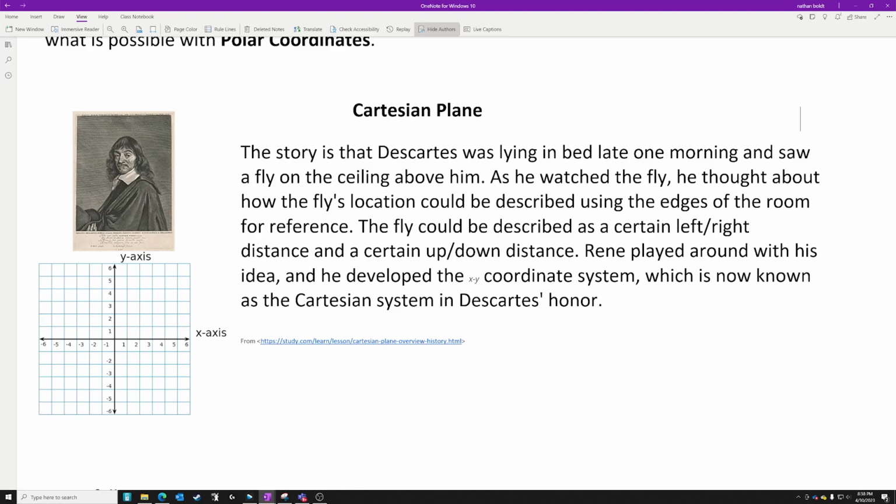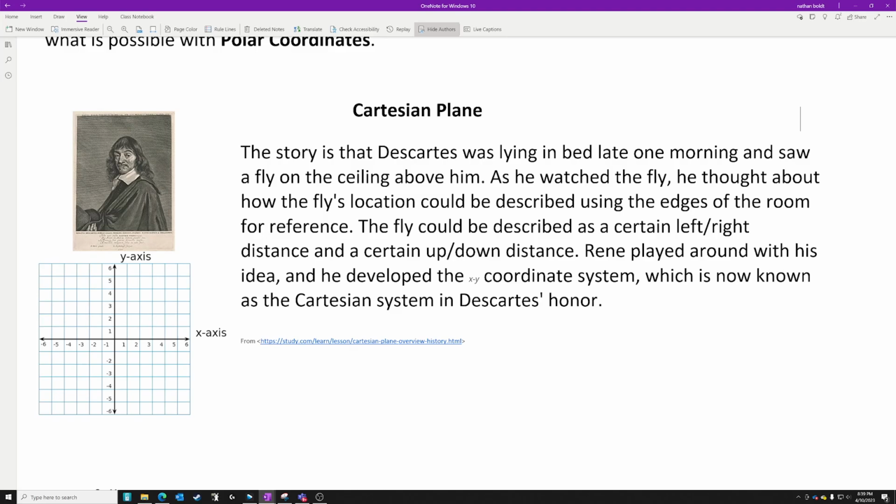As he watched the fly, he thought about how the fly's location could be described from the edges of the room as reference. The fly could be described as a certain left-right distance and a certain up-down distance. And as he was thinking about this, he developed essentially the XY coordinate system, which we now call the Cartesian plane after Descartes. Pretty cool, right?